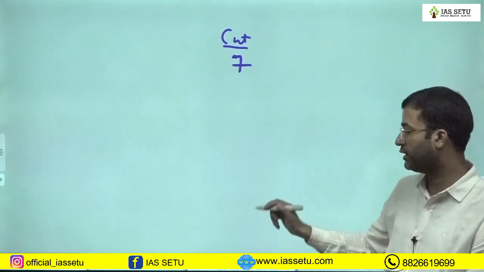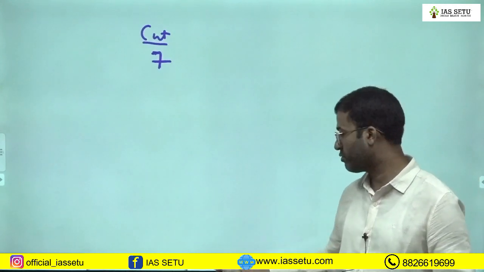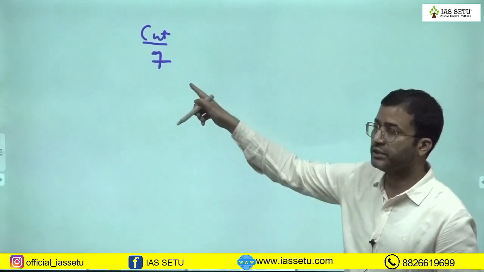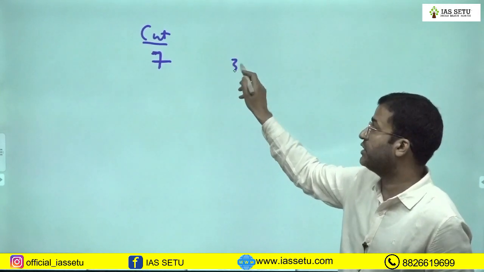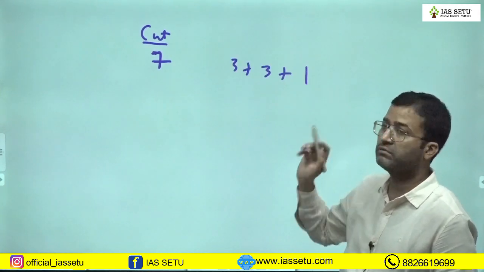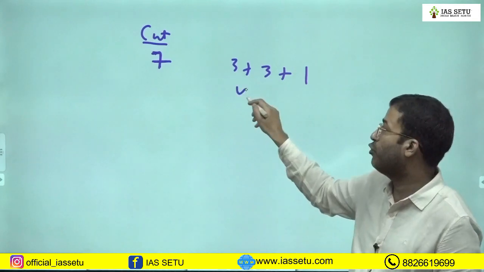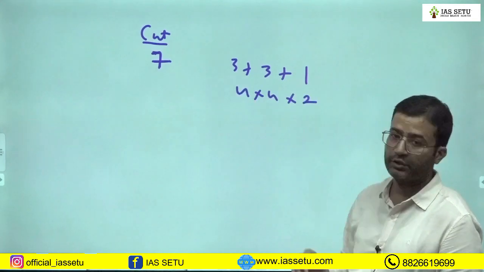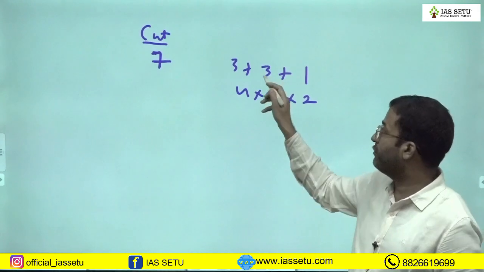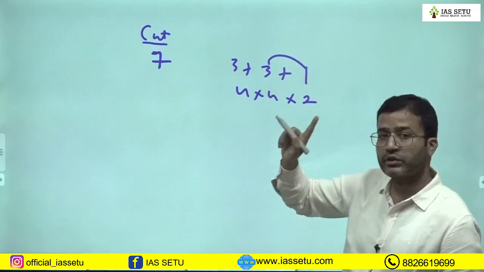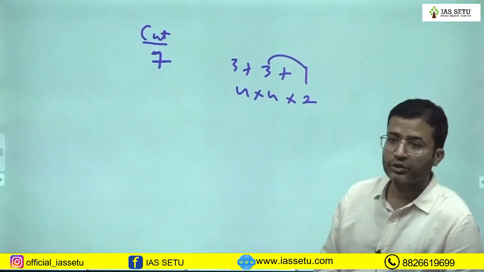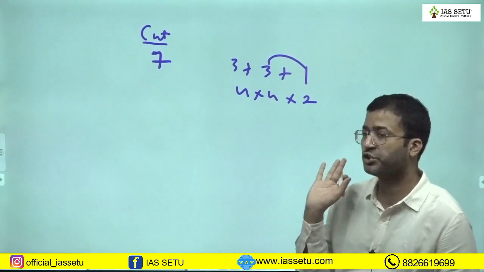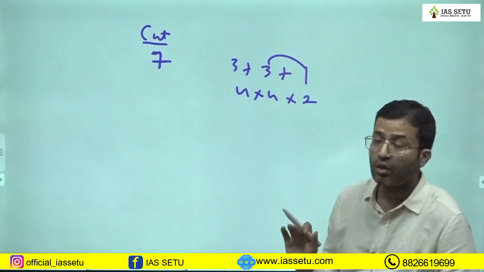Let me tell you so that you will not make the same mistake, although you have not made it. Some students distribute 7 cuts like 3 plus 3 plus 1, and they think 4 into 4 into 2, 32. But I tell you, on its face, if there is a difference of more than one chocolate, it is wrong. 3 plus 3 plus 1 is a wrong distribution. Why?